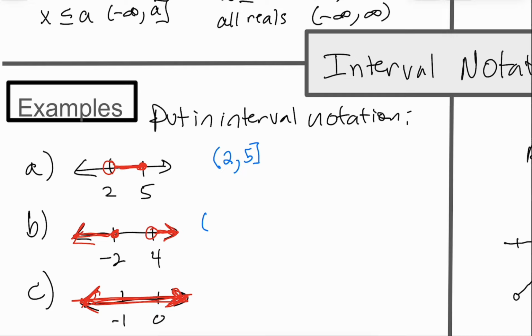So we're going to go from negative infinity up to negative 2. I want to include it. I'm going to go from 4 to infinity, and the 4 I won't include, that's why I used a parenthesis to denote that open circle. And here, since I colored it and everything, I'm going to go from negative infinity to positive infinity.